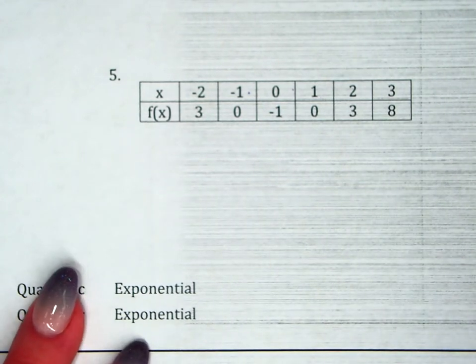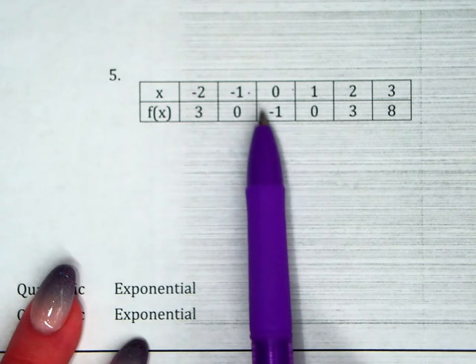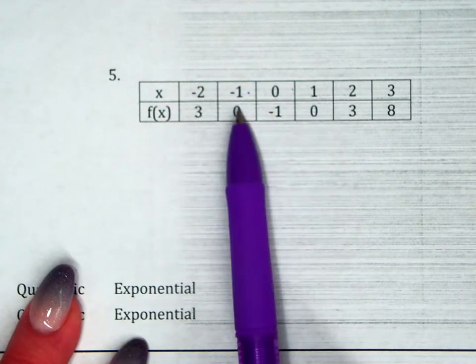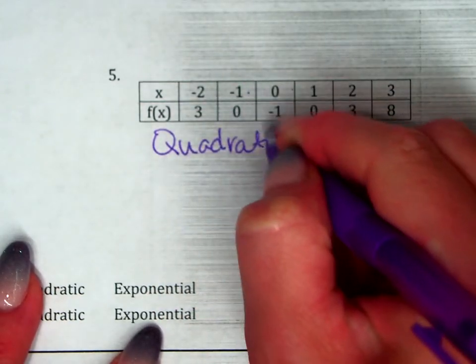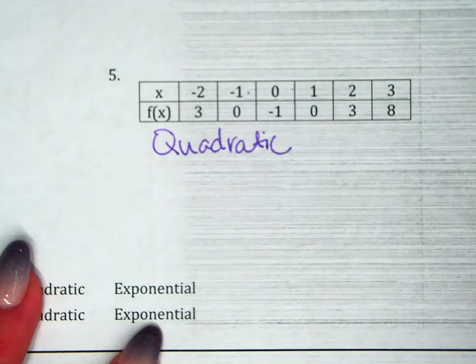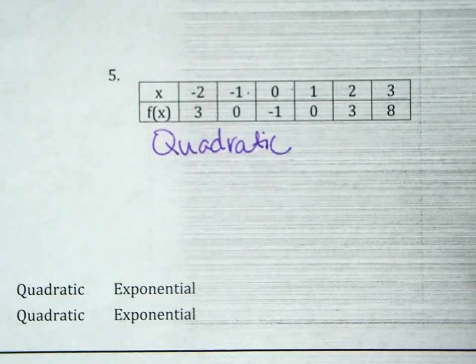But I do notice, 0, -1, and on either side, I've got -1, 0, 1, 0. So this is actually a quadratic function. And you can't really say where it's increasing or decreasing because quadratics will have points where they're increasing and then they go to a decreasing function.